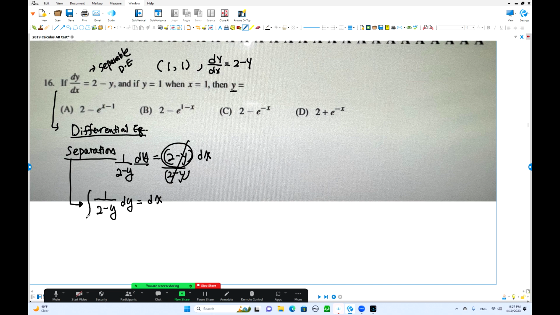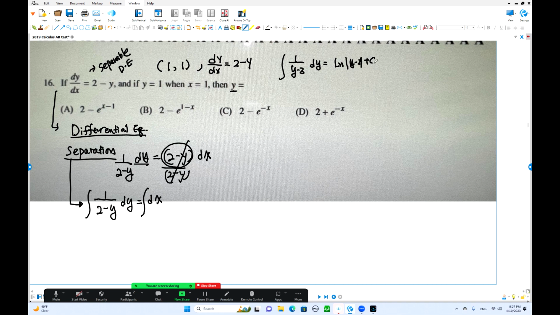Now take an antiderivative on both sides. This is the log. If we have 1 over y minus 2, the antiderivative is ln of y minus 2, right?